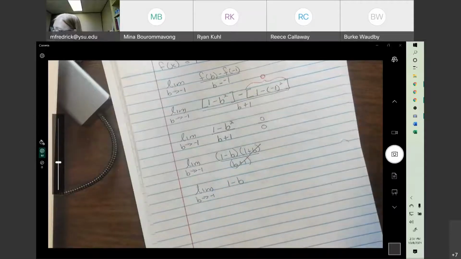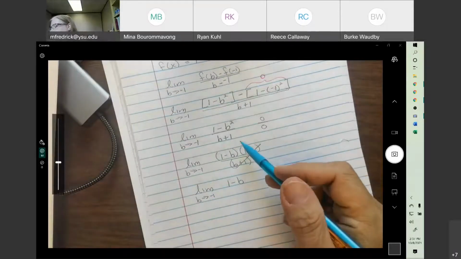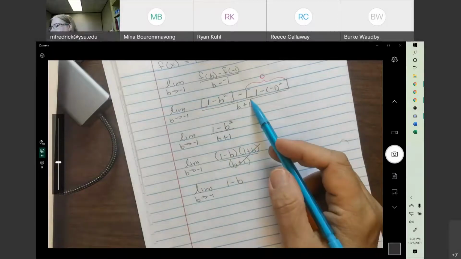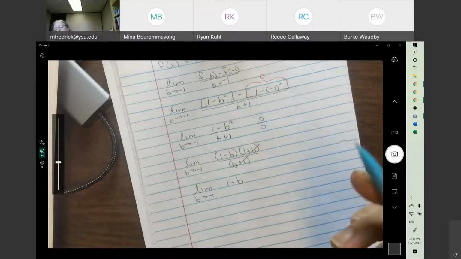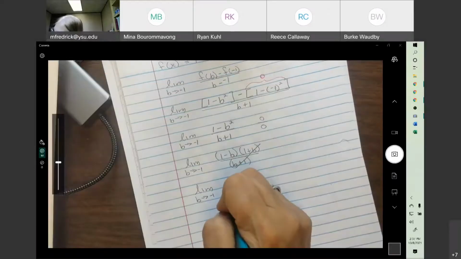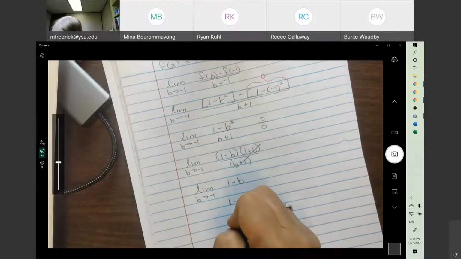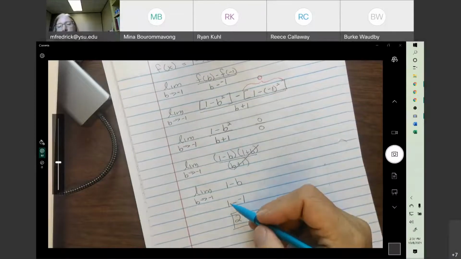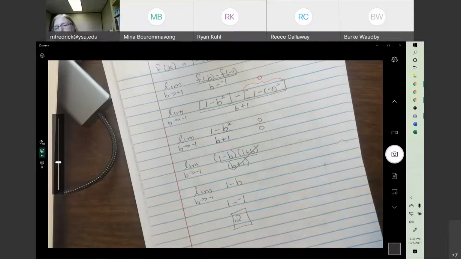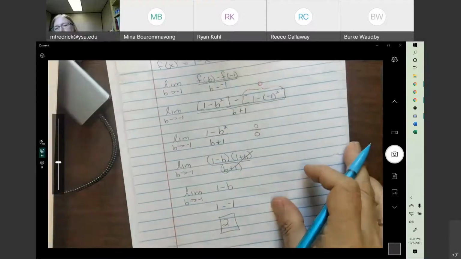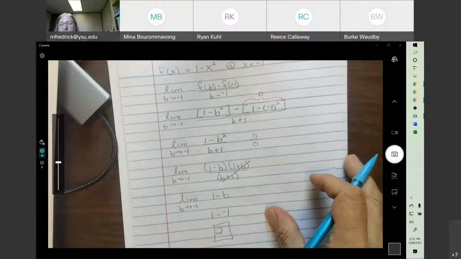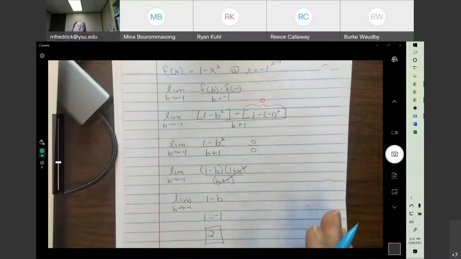And then you plug your value in. So you don't want to try plugging it in until you get rid of this original part. Otherwise, you're going to have 0 over 0. 1 minus negative 1 gives us 2. Any questions on that? So at negative 1, if we want one more unit, the y value increases by 2. Any questions?